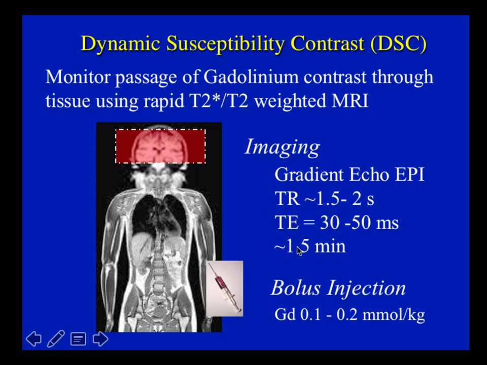The whole experiment lasts for about 1.5 minutes. We use a TE around 30 to 50 milliseconds, depending on the field strength, because we want to weight these images to T2 star, just like in BOLD, so that we will be able to observe a signal change due to the presence of gadolinium.